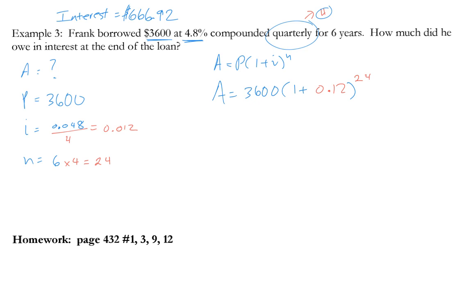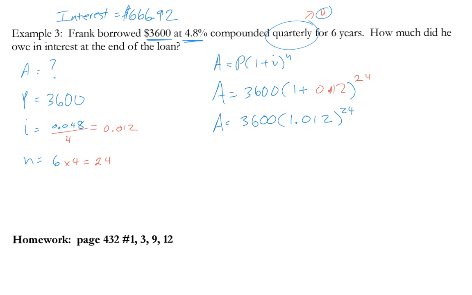Well, in order to make our calculations easier on the calculator, I'm just going to rewrite this as 3,600 times 1. Let's make a correction to the previous line. So on the previous line, we should have 0.012 and then 1.012 raised to the 24.